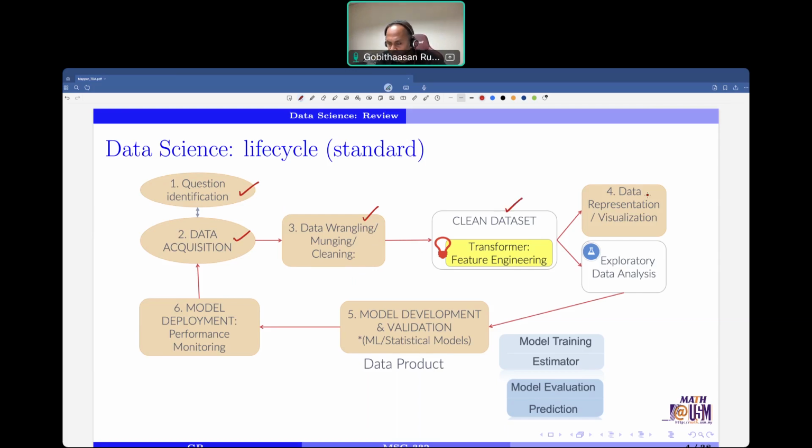You might straight away do EDA, exploratory data analysis, which includes visualization, right? We might want to do simple descriptive statistics to look at each feature, etc. But when it comes to visualization, if it is in very high dimension, you might want to do some sort of dimensionality reduction.